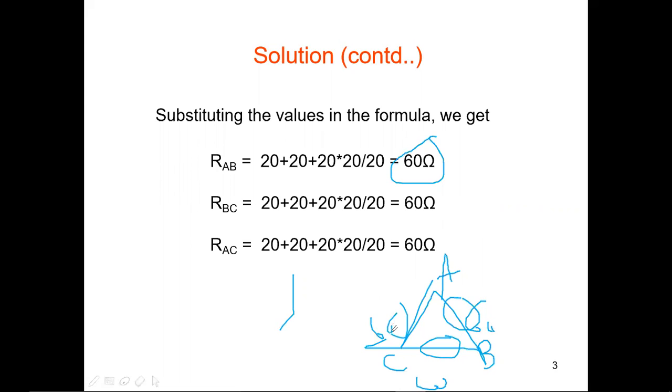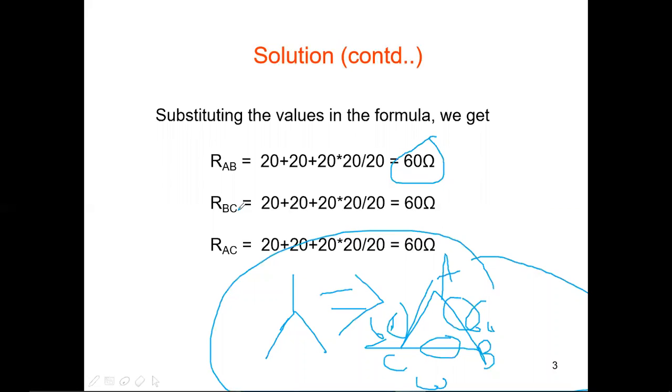You also need to draw the star like this, showing the arrow that I converted star to delta. This is my solution, the way of representing it in the examination. Then only will you get full marks; otherwise some marks will be deducted. This is the way of solving conversion of star to delta.